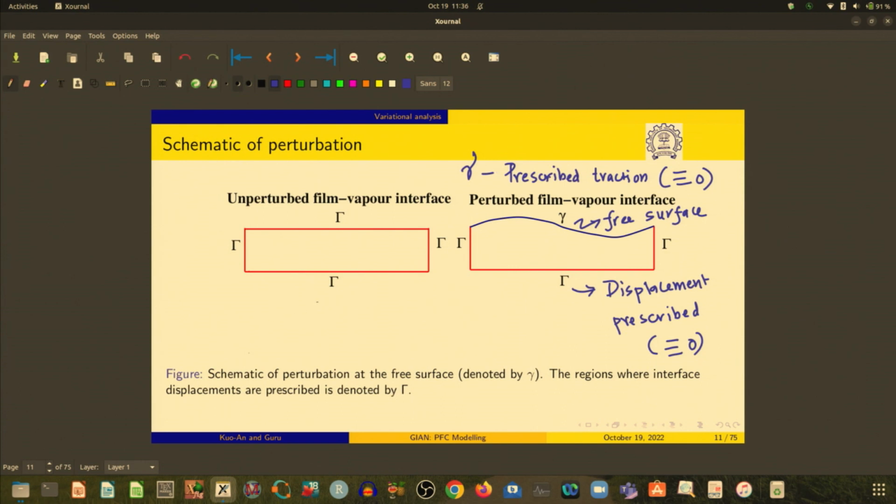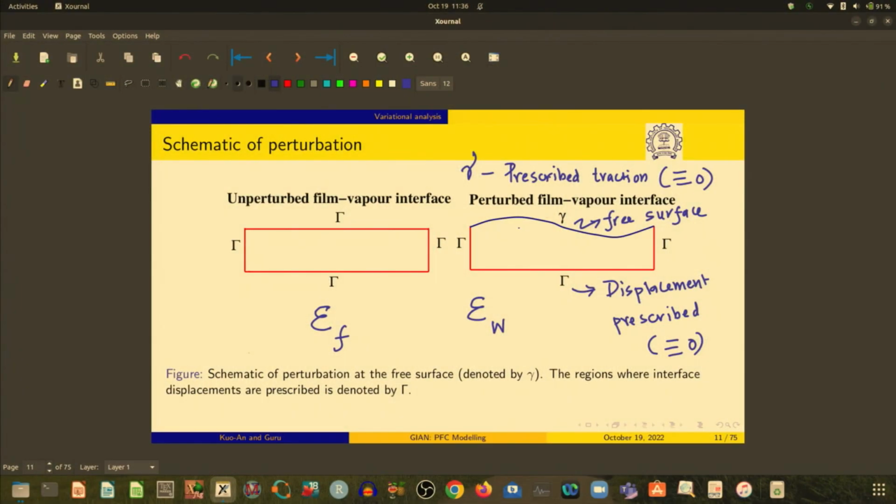Now, let us say that I write the energy for this system and call it script E, F for flat, and for the perturbed system I calculate the energy and call it W for wavy. This is the energy from the elastic contribution to the free energy of the system. Now, you can see that when capital gamma goes to small gamma, there is also a change in interfacial area, and hence an interfacial energy contribution to the free energy.